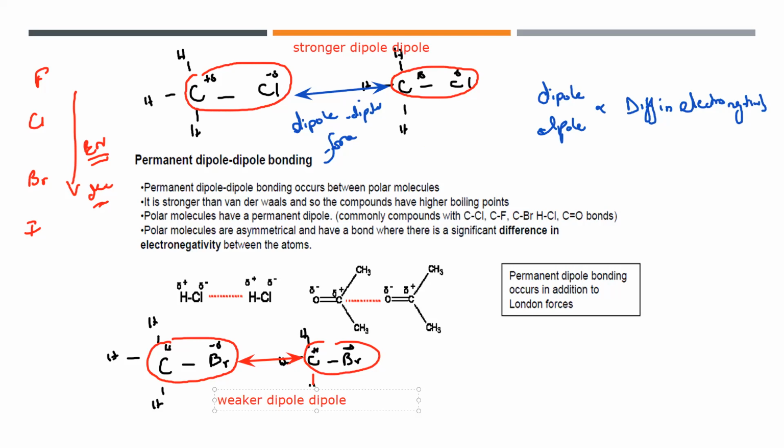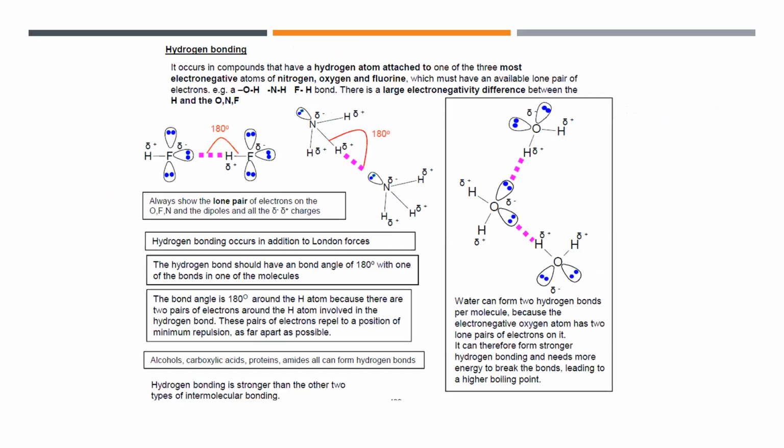Then the third type of force is known as hydrogen bonding. What is the concept of hydrogen bonding? When hydrogen is bonded with the most electronegative elements such as fluorine, oxygen, or nitrogen, we call that hydrogen bonding. For example, you have hydrogen fluoride, HF.